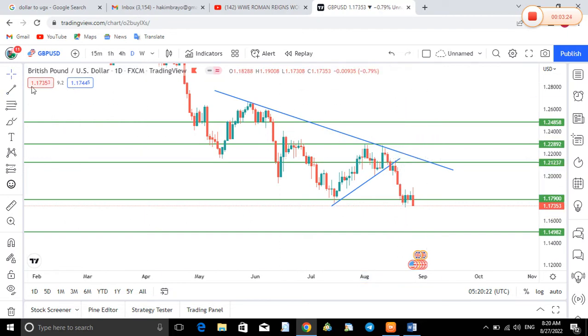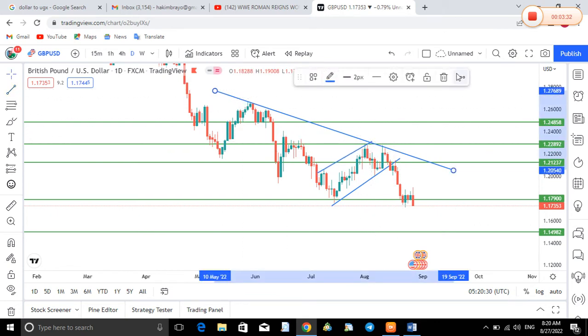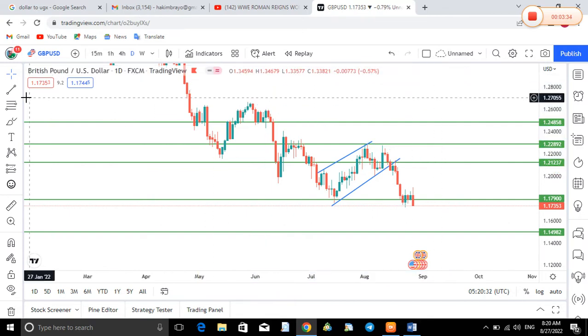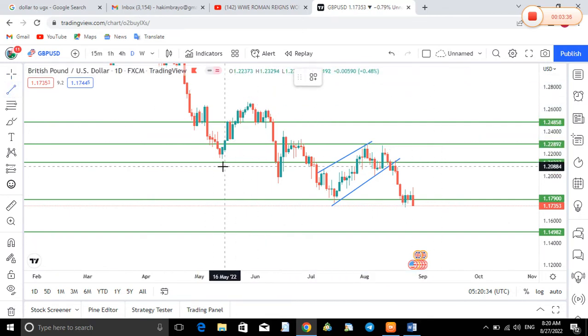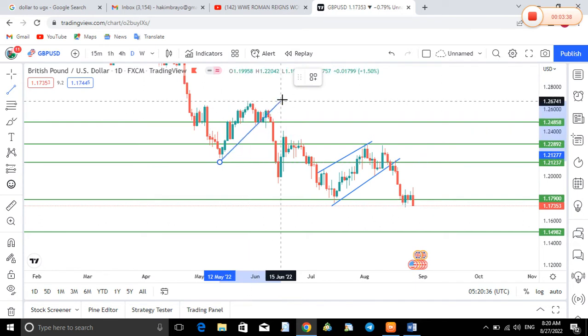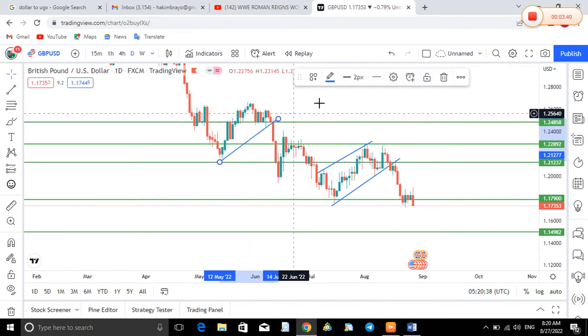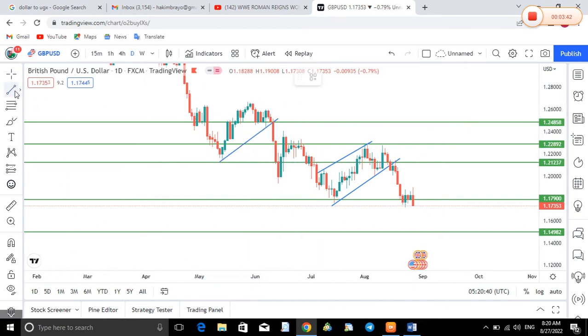We had this pattern, which was a flag. Whenever you come across flags, that means we are still in that particular trend. If it is an uptrend, you'll be seeing bullish flags, bullish pennants or bullish wedges.